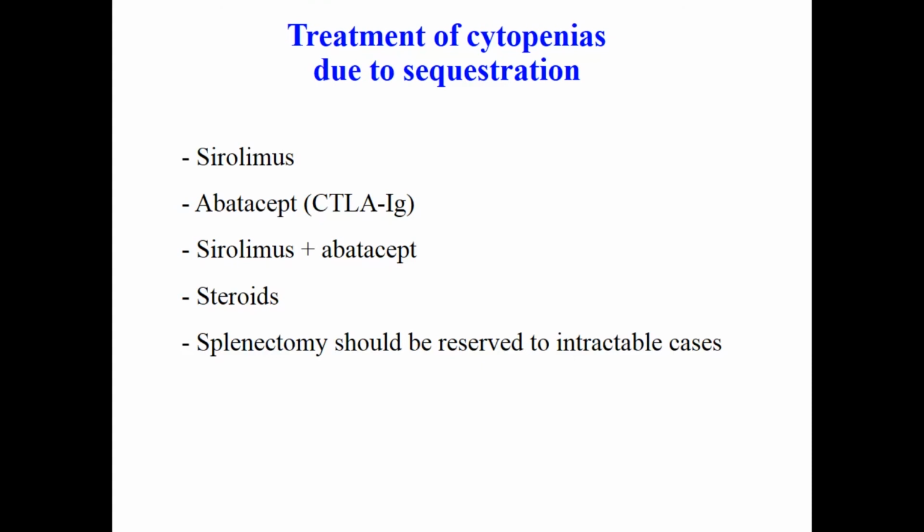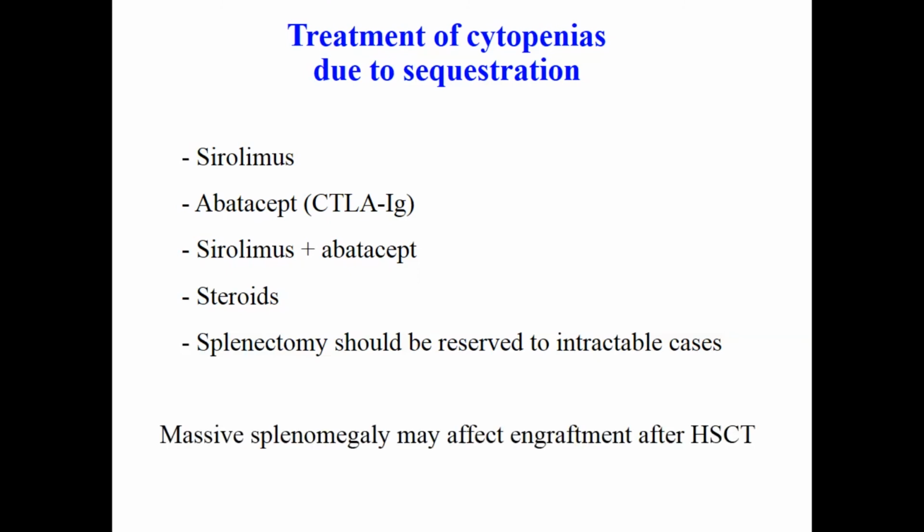Sirolimus is one. For those patients who have CTLA-4 deficiency, there may be some here, abatacept has been used alone or in combination with sirolimus. Steroids are often effective, and again, splenectomy should be reserved for intractable cases because every time you do a splenectomy, you create room for potential serious side effects, including serious life-threatening infections.